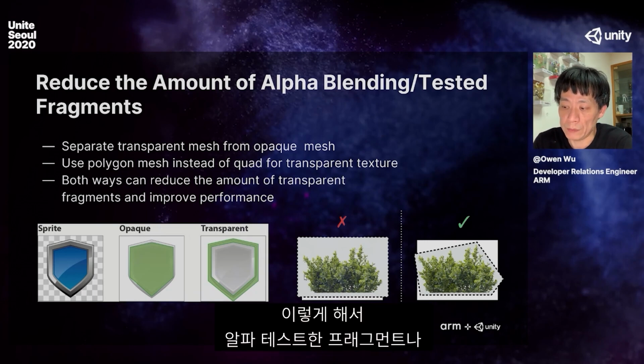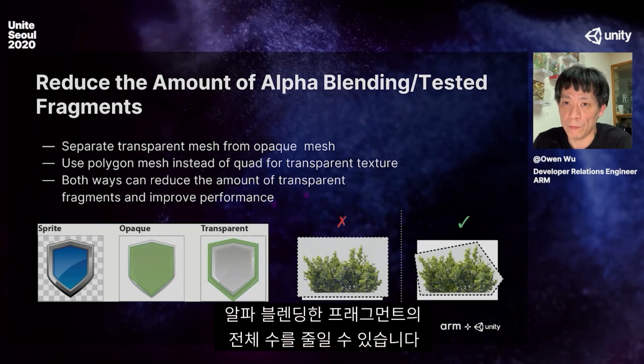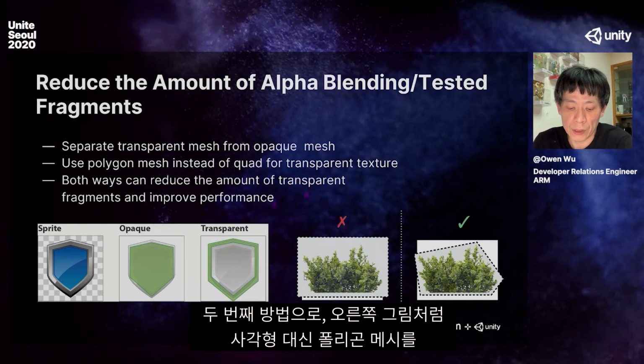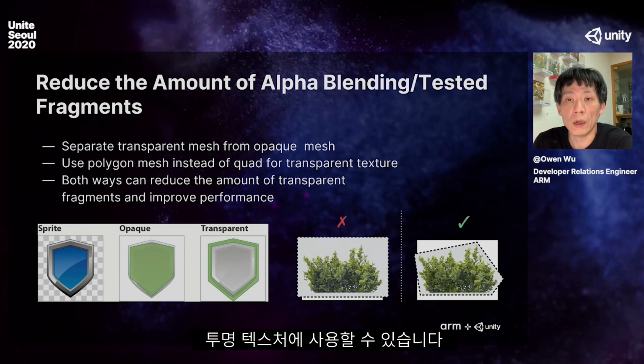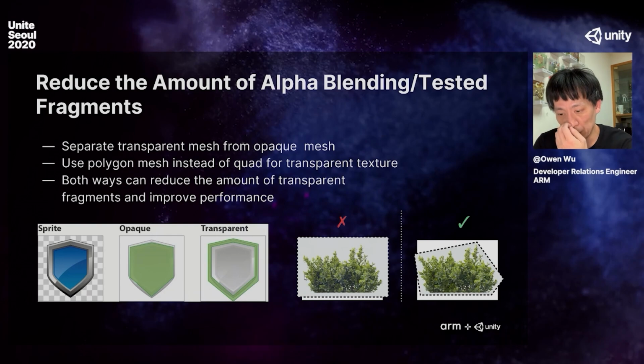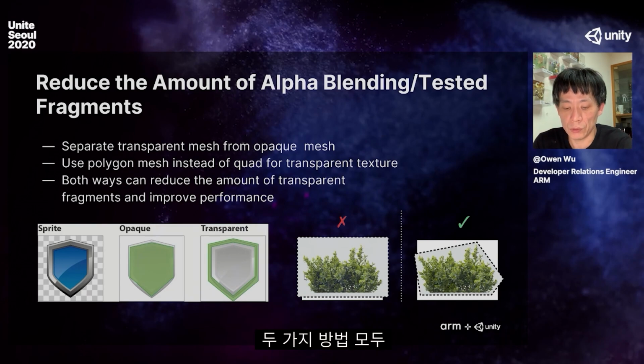By doing this, you are reducing the total alpha tested or alpha blended fragments. And the second one, you can use a polygon mesh instead of a quad for transparent textures, like the right picture shows. With both ways, you reduce the amount of fragments, and you can improve the performance.